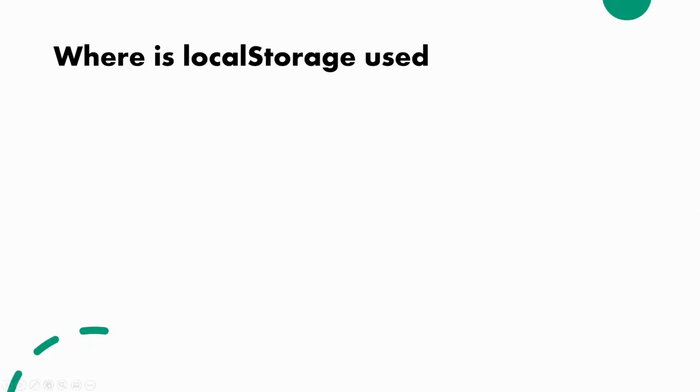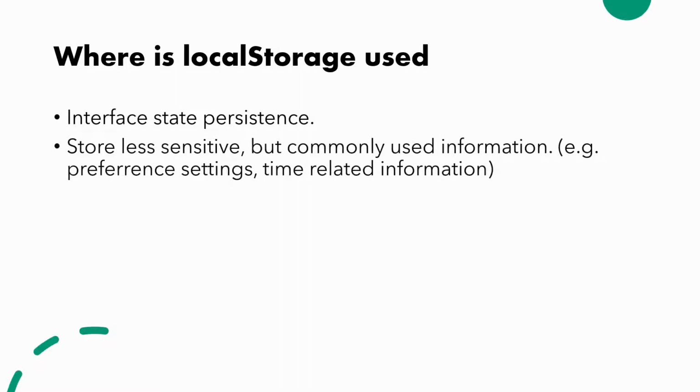So where is local storage used in today's applications? Local storage is often used to persist the interface state of your application. For example, a user wants to get to a specific state of your application, and usually it might take a few steps to do it. This is where the local storage comes in to save the state of the application, so the next time the user goes onto your web application, it will take the user directly to that application state. The next thing local storage is used for is to store less sensitive but commonly used information such as preference settings and time-related information.